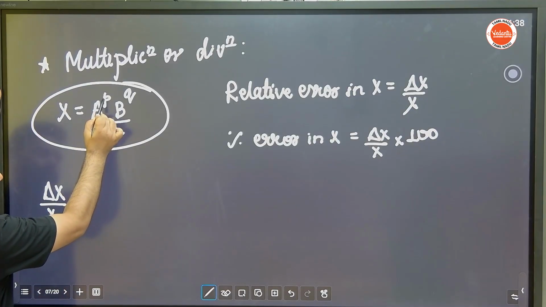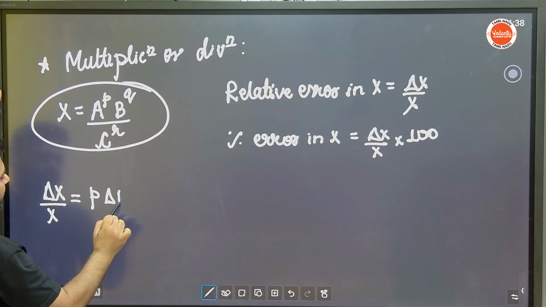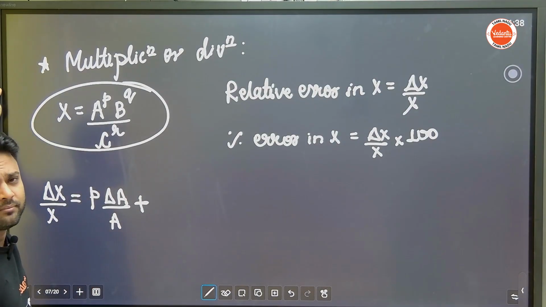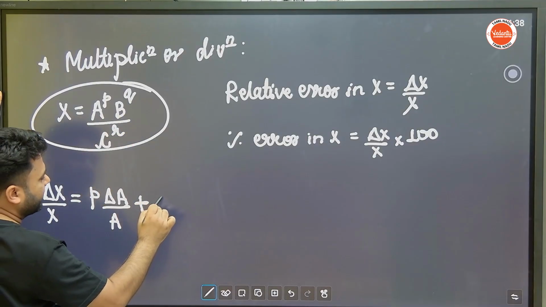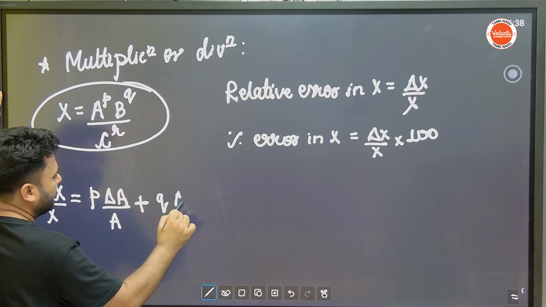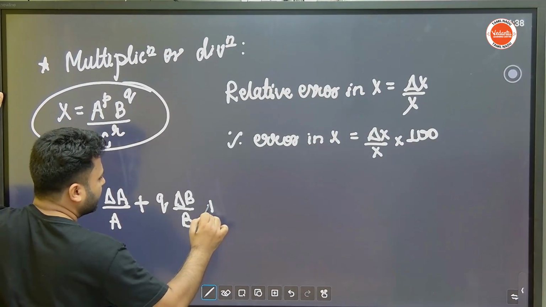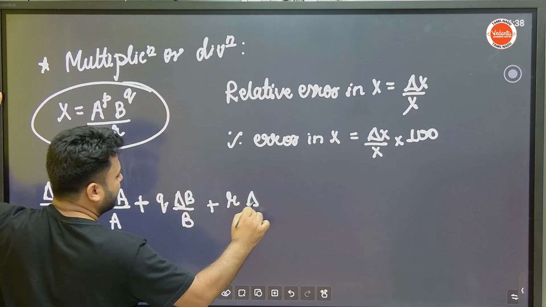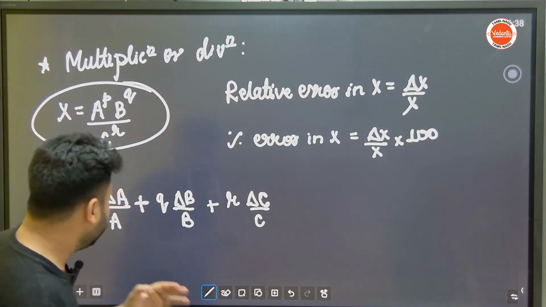First we write the power p, then relative error in a, delta a by a, plus, in all cases we are going to add only. Error is always added. Again we write the power, that is q, relative error in b, that is delta b by b, plus again we first write the power, that is r, relative error in c, that is delta c by c. This thing you have to remember.